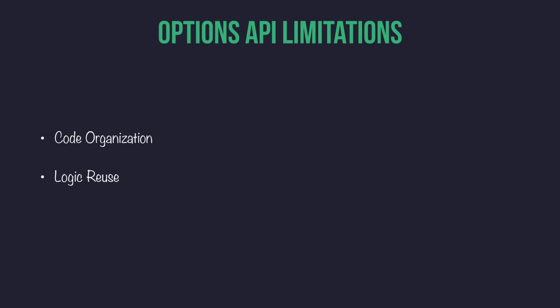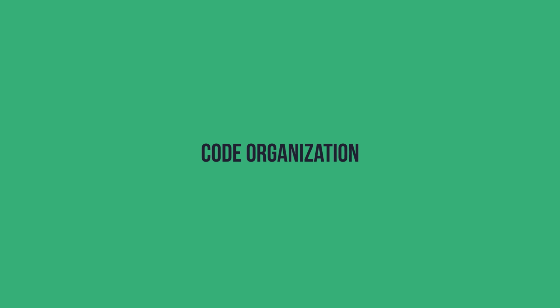There are ways to reuse functionality in components, but each of them today do have their drawbacks. And a common feature request from developers working on very large projects in Vue is better TypeScript support. So those are three of the main limitations that the composition API set out to fix.